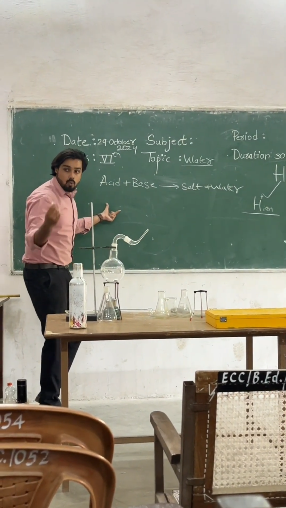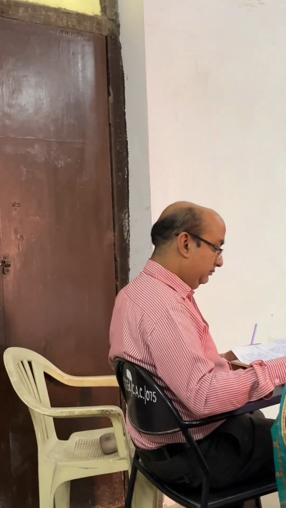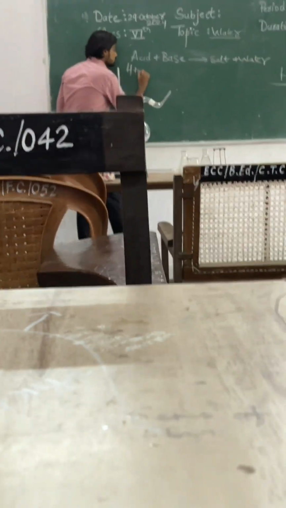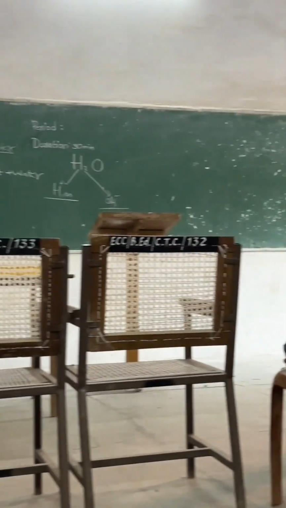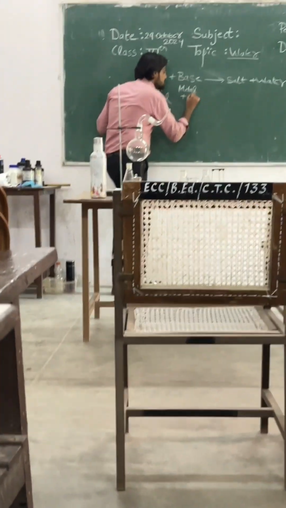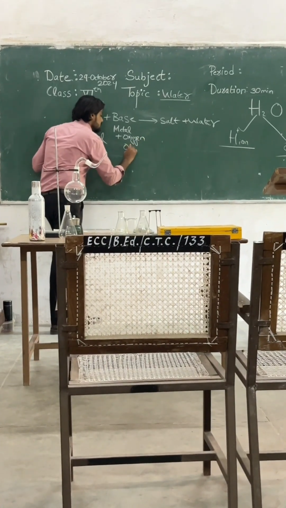As you already know, an acid is a compound made of hydrogen plus a non-metal, and a base is a compound made up of a metal plus oxygen or OH.